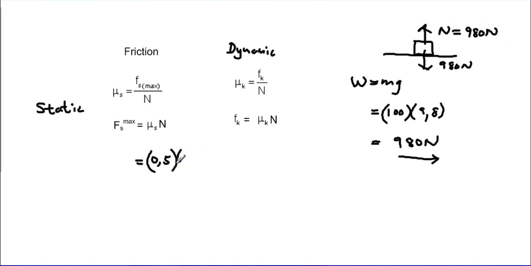So our normal force here will be 980, and 980 times 0.5 gives us 490 newtons. So this means that our static friction, the frictional force of this crate, is 490 newtons.